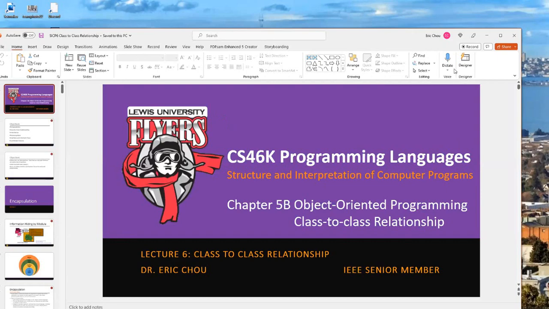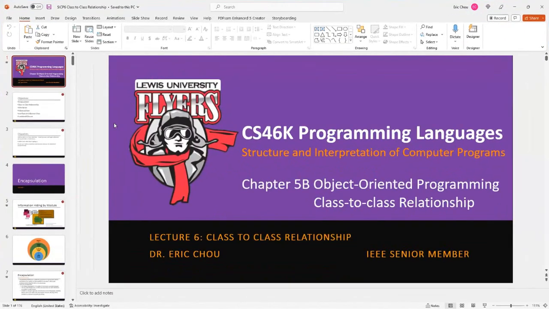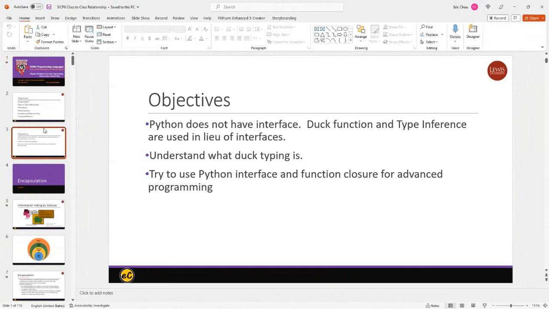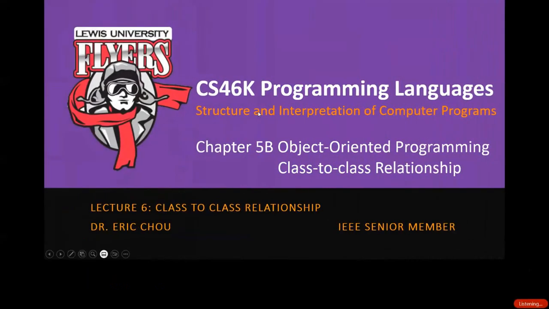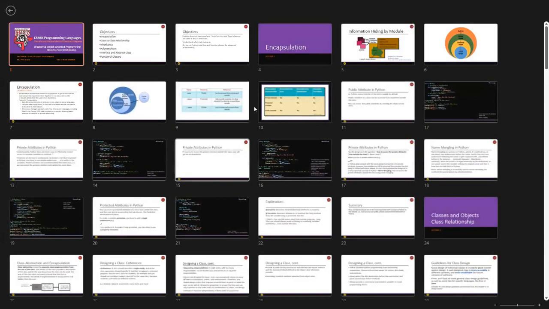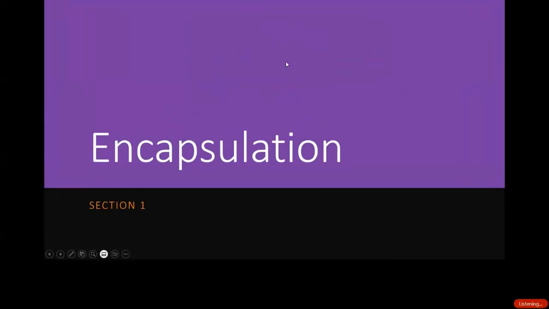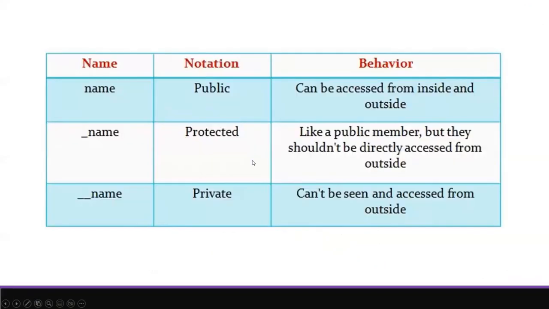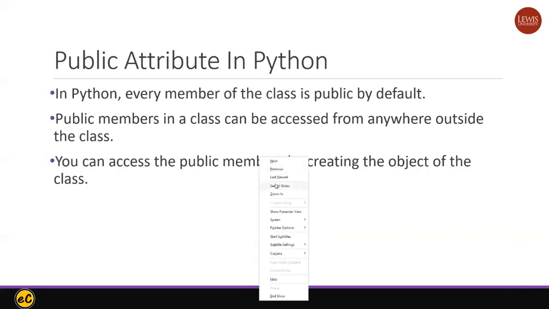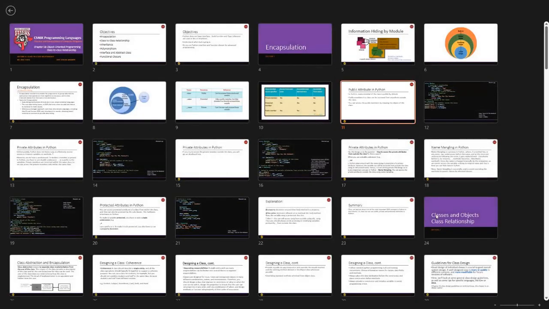And 5B is on the class-to-class relationship. There are three important pillars of object-oriented programming, including inheritance, polymorphism, and encapsulation.